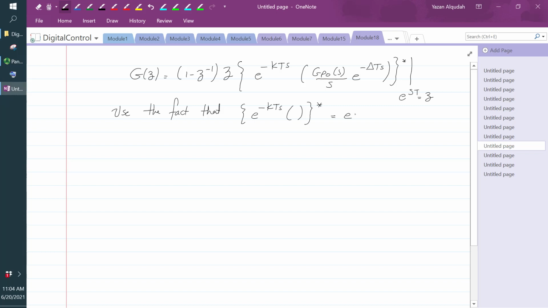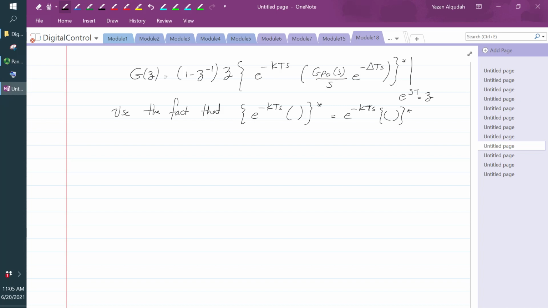This is going to equal e to negative K T S and then star. Anybody remember where we've seen this? We've seen this when we looked at the two properties that we use: 1 minus e to negative T S multiplied by an expression. We can take 1 minus e to ST.